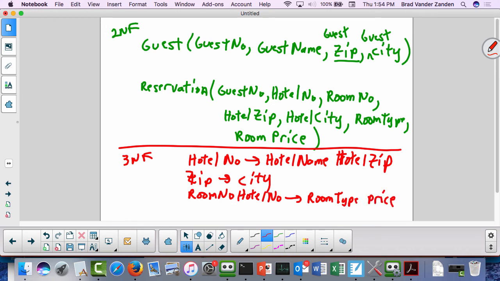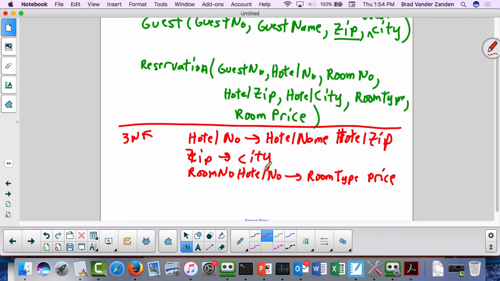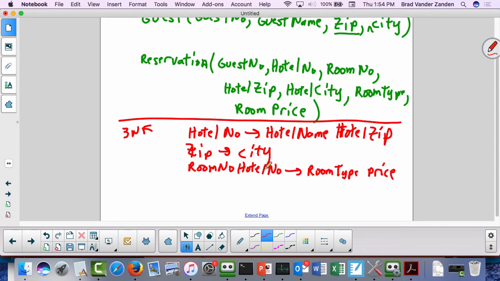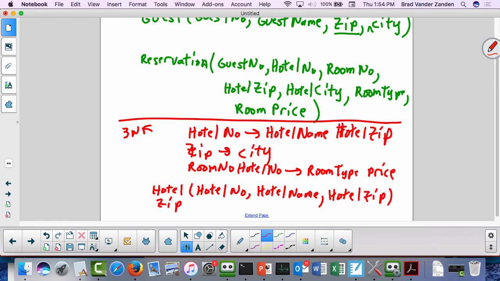Okay, so when I go to third normal form, I'm going to have a new one that I'll call hotel, which has hotel number, hotel name, and hotel zip. I'll have one that is zip, and it has a zip code and a city.